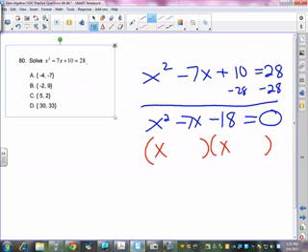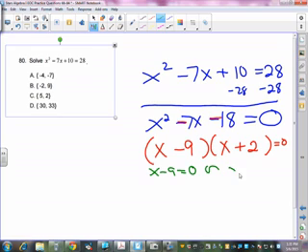We have to think what multiplies to give us negative 18 and adds to give us negative 7. That would be negative 9 and positive 2 equal to 0. And remember, the zero product factor property says that either x minus 9 equals 0 or x plus 2 equals 0.